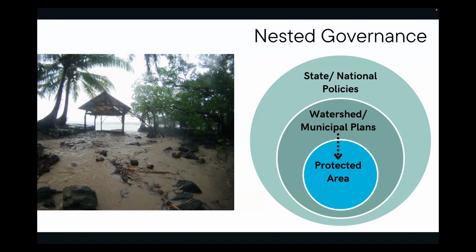But working with watershed or upland forest management actions that help plant vegetation and reduce erosion can help you then achieve your marine protected area objectives. So understanding who owns that land, who manages that land, and how decisions are made would be critical for the success of a site like this.